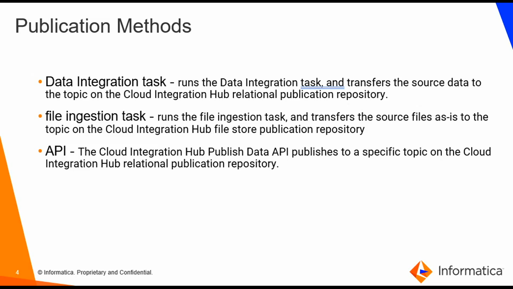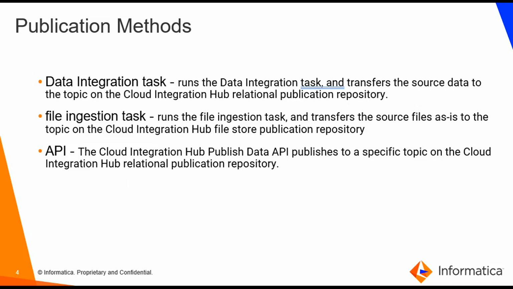If you want to publish data to a relational publication repository, we'll generally use either a data integration task or an API. If you want to publish data to a file store publication repository, we'll use a file ingestion task. When you define an ingestion task inside a publication, it will trigger a file ingestion task that will transfer the source files as is to the topic on the file store publication repository.